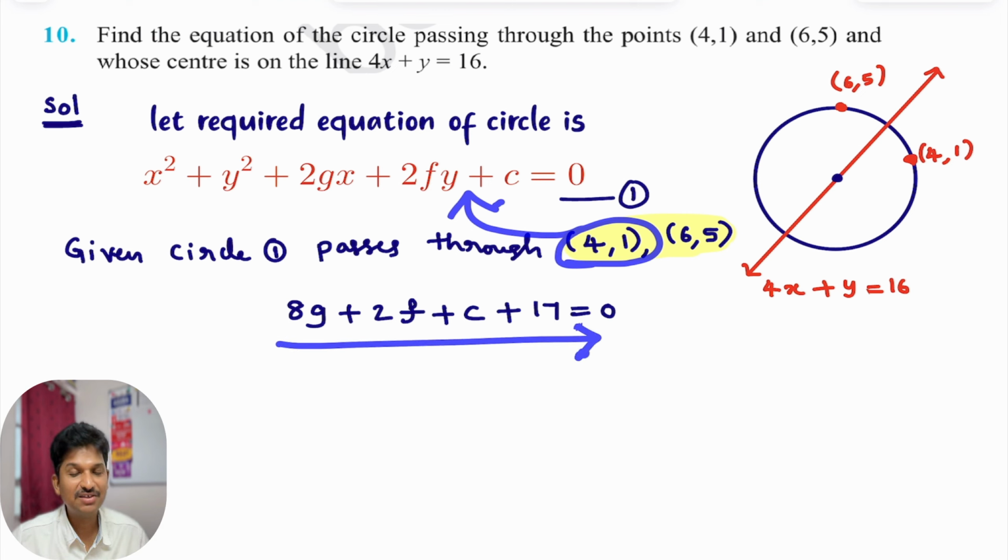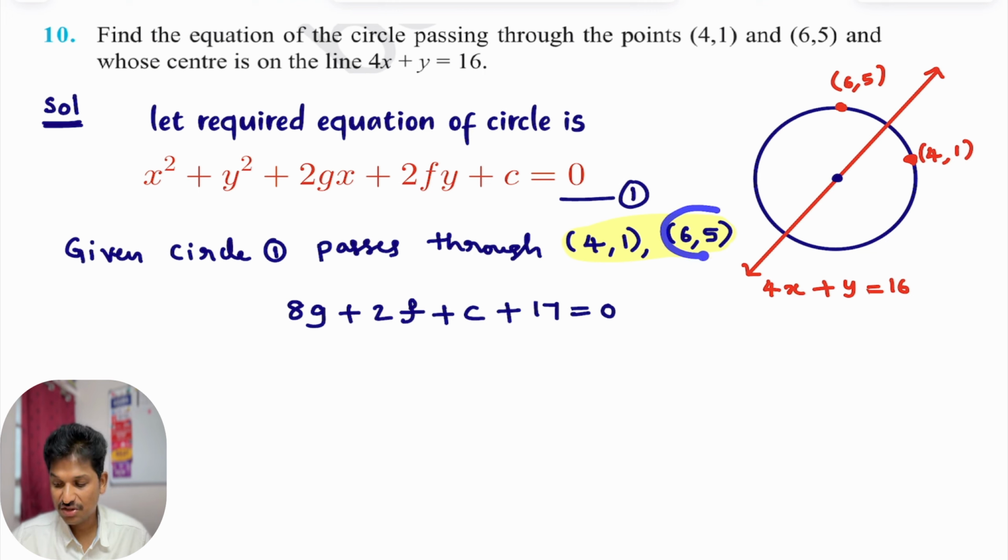I hope you understand. Similarly, as the circle passes through this point, I'll substitute (6, 5) in this equation. I'll get another equation in terms of g, f, c. In place of x, you write 6, so this will become 12g. In place of y, you write 5, so this will become 10f.